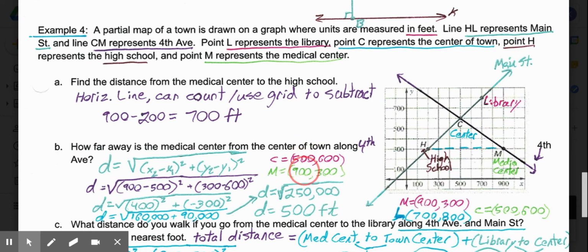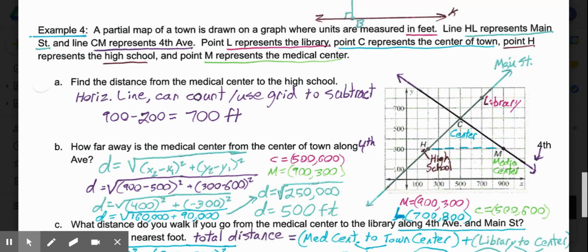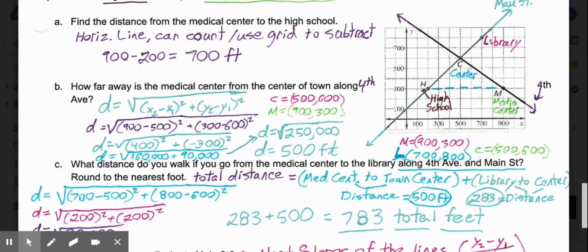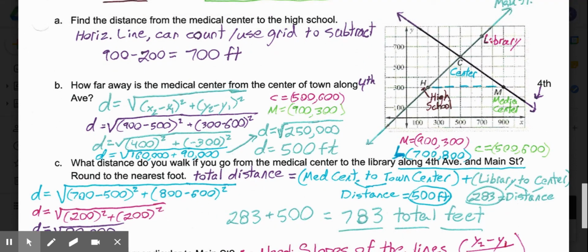So our x values 900 and 500, y values 300 and 600. 900 minus 500 squared plus 300 minus 600 squared. So we have 400 squared plus negative 300 squared, or 160,000 plus 90,000, and that's all still inside the square root, giving us the distance equals the square root of 250,000, which equals 500 feet.